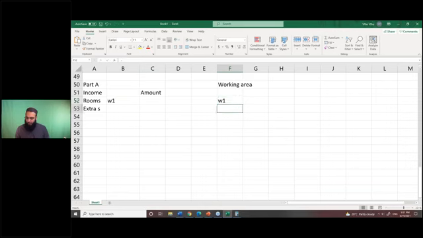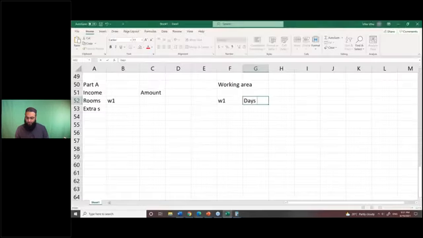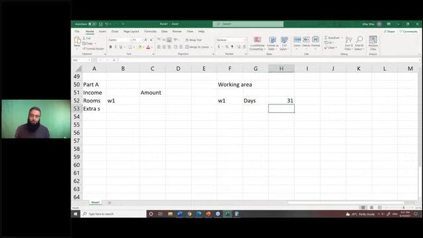Here I'm doing working one. Let's first of all look at the days available. I'm showing you a detailed working just for your ease, but you can just write everything in one cell through one formula. That's acceptable. So 31 days you have.